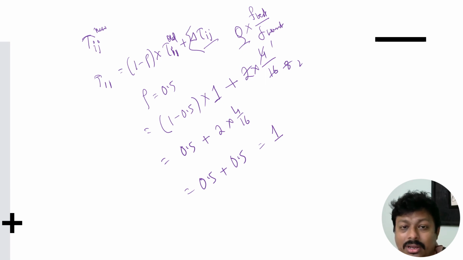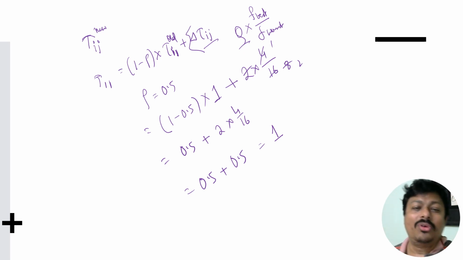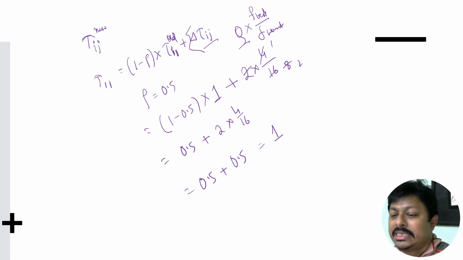But this is for the first part. As the old pheromone was the same and the evaporation rate was the same, this 0.5 can be directly multiplied by 4, so it becomes 2.